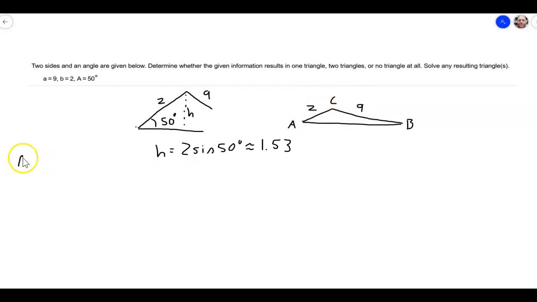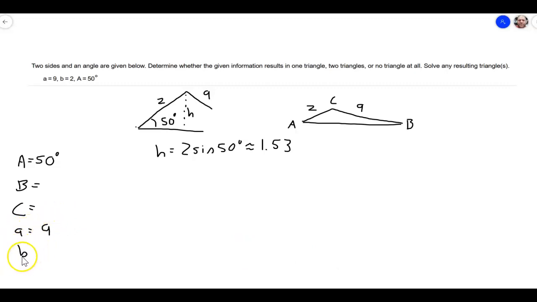Let's start doing, so we know our A is equal to 50 degrees. My B, we don't know what that is yet. My C, we don't know what that is yet. My little a is going to be equal to 9.